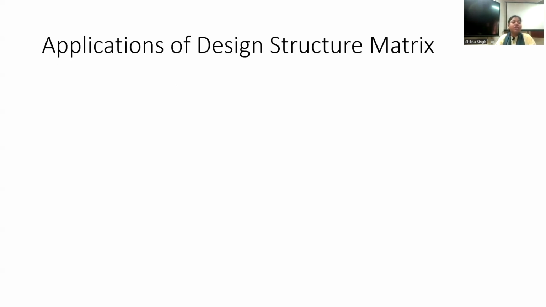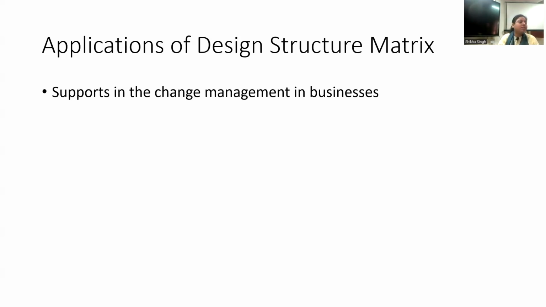Applications of design structure matrix. The very first thing, which I've already told you, is the arrangement of the activities and identifying the dependencies. That is the main insight into the system, right? So the design structure matrix supports change management in businesses.